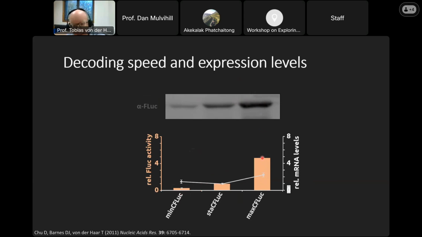You only use the fastest possible codons. And this effect comes from 2 things. As you use the best possible codons, your RNA levels, the gray line here, become stabilized, and that's well known. So RNAs consisting of preferred codons are more stable than other RNAs. And of course, that in itself increases expression levels.